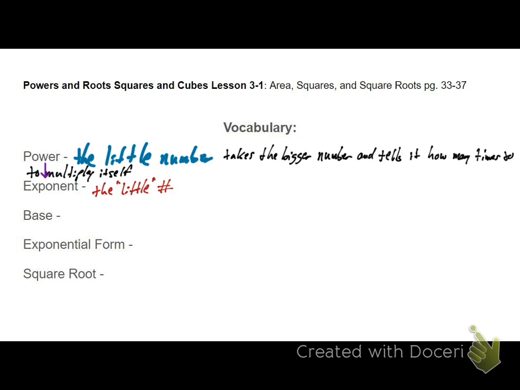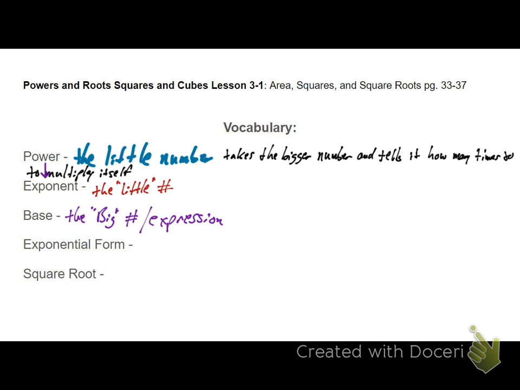So the base is the big number. Now, I'm going to add something to this, because I feel like it's good for you to have a kind of precursor for what's to come. Not only is it the big number, it's also the expression.